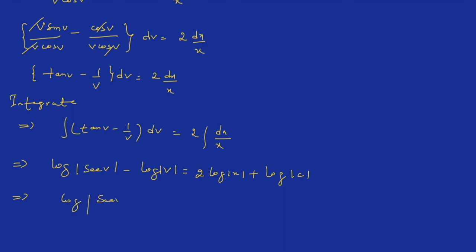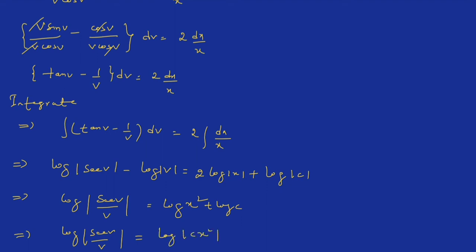That is log sec v by v, which is equal to log of, 2 is there, so I can take it here as x square. Log x square plus log c is there. So again, this implies log of sec v upon v is equal to log of c x square.